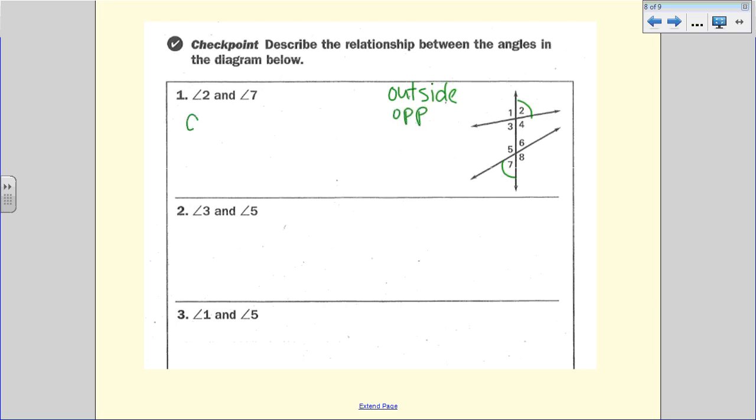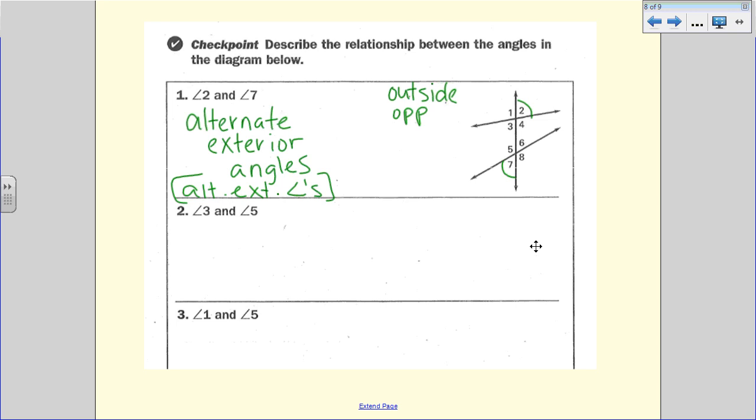That's what we call our alternate or opposites exterior angles. Ladies and gentlemen, this is what you'll see me abbreviate; I kind of start abbreviating things.